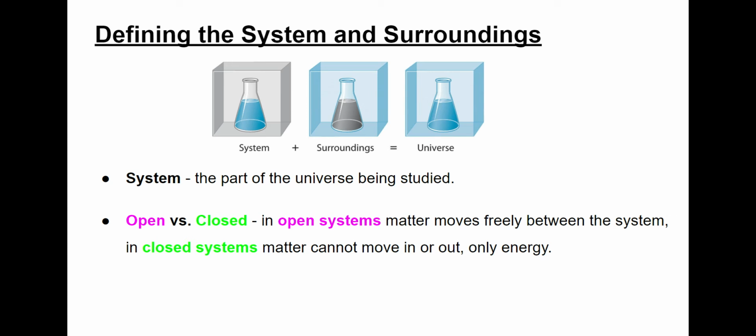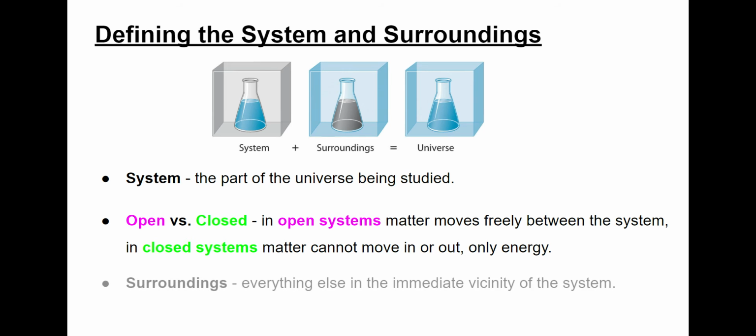That's because the system was open. But if you close a container, no matter can get in or out. Only energy can flow, and that's a closed system. What are the surroundings? Well, the surroundings are things in the immediate vicinity of the system.